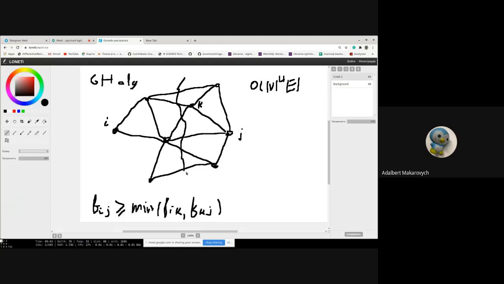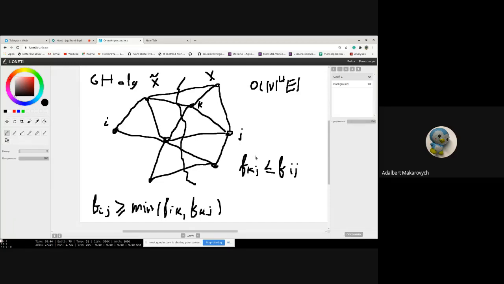Yeah, so if K is in X, then the min cut between K and J is not bigger than the min cut between I and J, because I and K are actually in one set, or in this picture K and J are in one set, and that means that the min cut between K and I is not bigger than the min cut between I and J. Yeah, so that means that the flow between I and J is not less than the flow between I and K, or the flow between K and J.